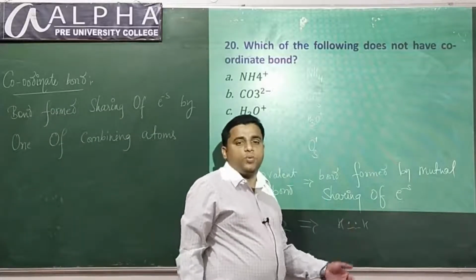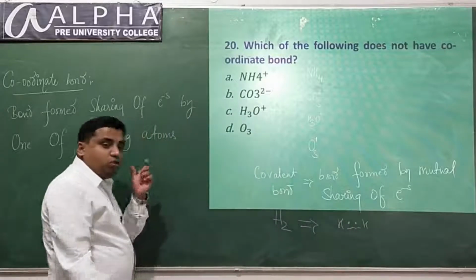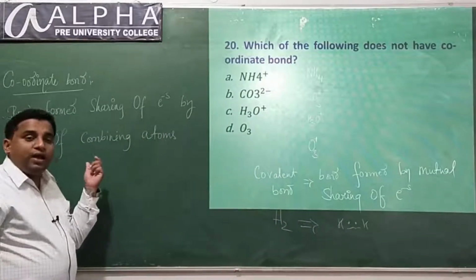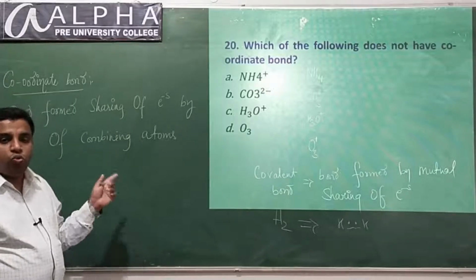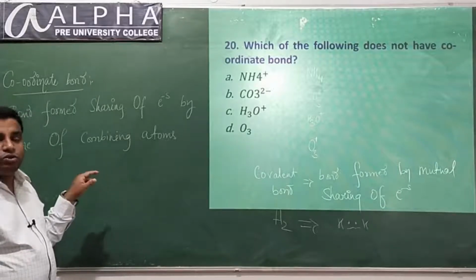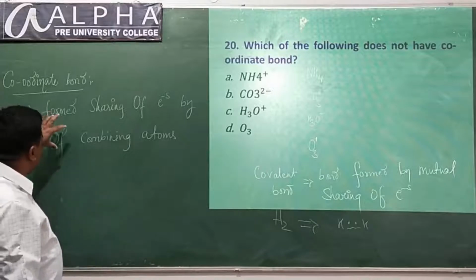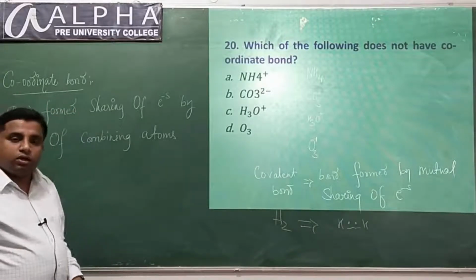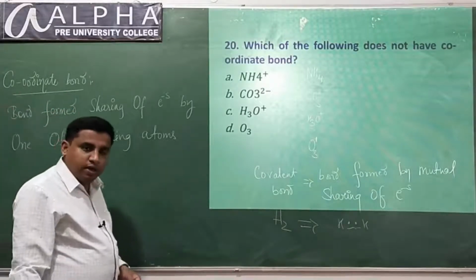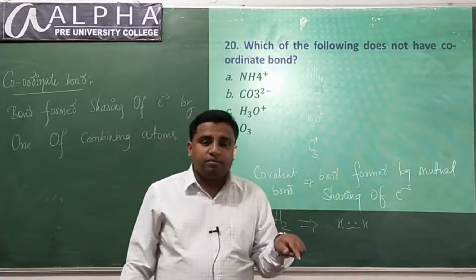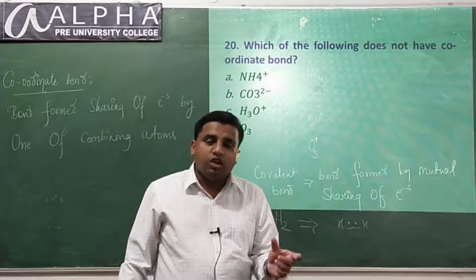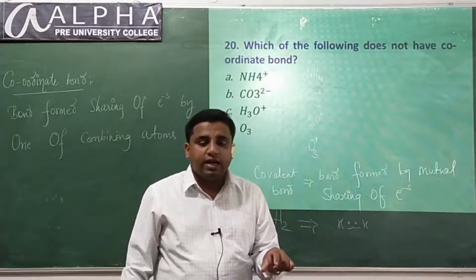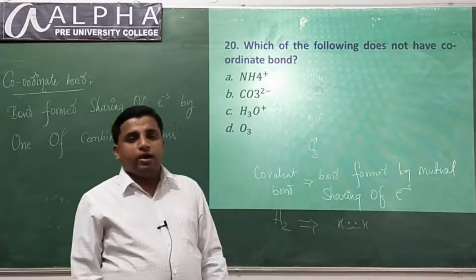But in a coordinate bond, the electrons are shared by only one of the combining atoms. The other will not share. If only one of the atoms shares the electrons, that is called a coordinate bond. If both the combining atoms share the electrons, then it is called a covalent bond.